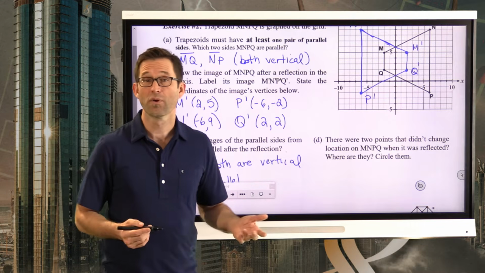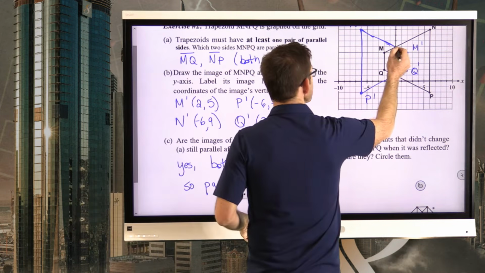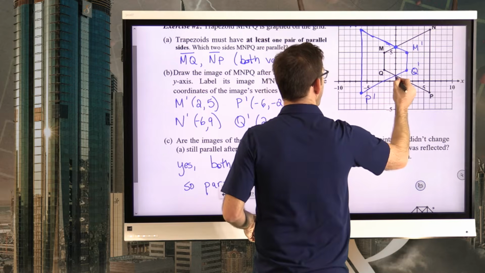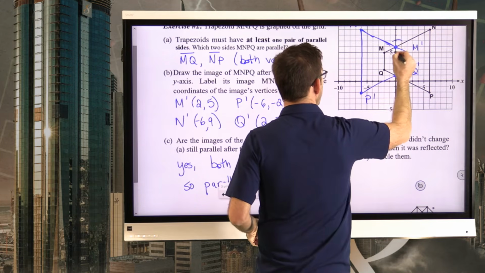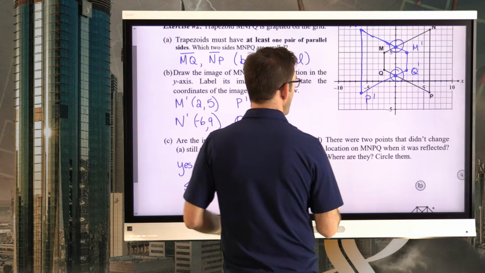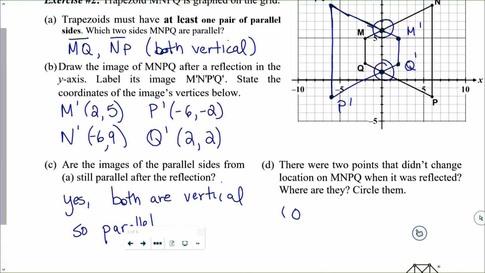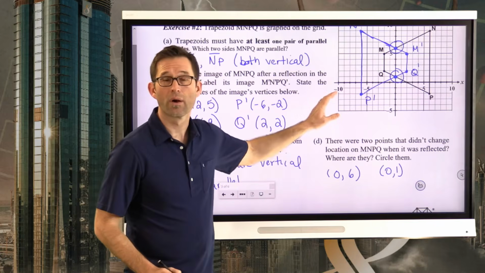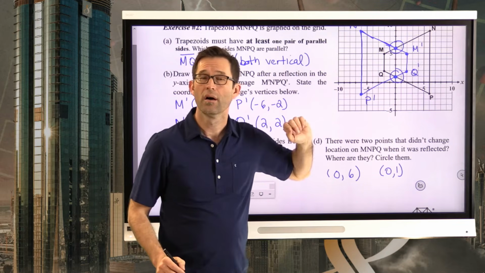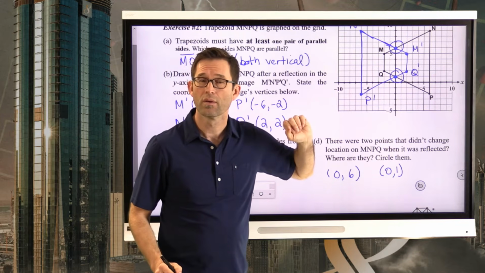All right, well, it's pretty simple. It's this point and this point, right? These points didn't go anywhere. The points 0, 6 and 0, 1. And the reason that those 2 points didn't go anywhere is that they lie on the line of reflection, right?